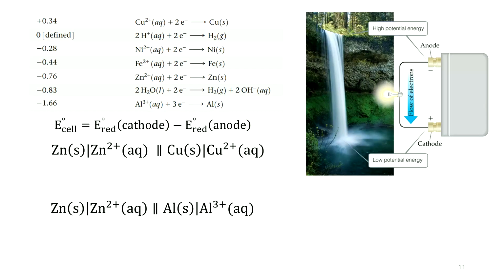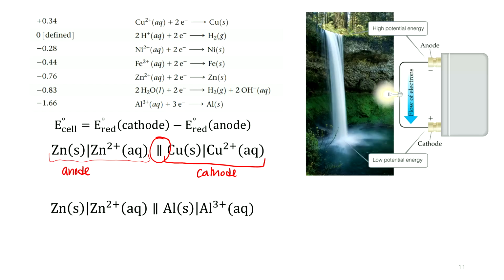We know already that when we partner zinc with copper, zinc is going to be our anode, and copper is going to be our cathode. I wanted this slide here because I want you to be aware of this notation. That double line means that I've connected these two half cells, and my half cell notation is one vertical line between my two species.